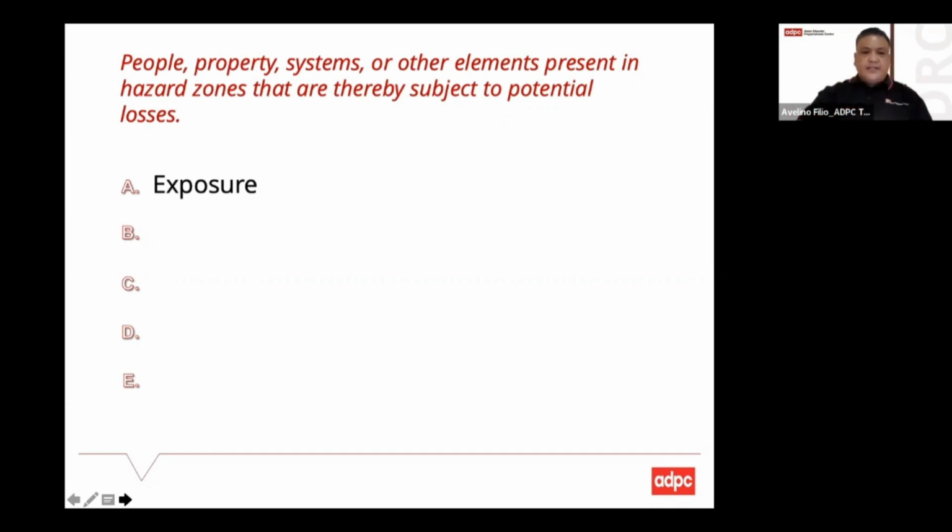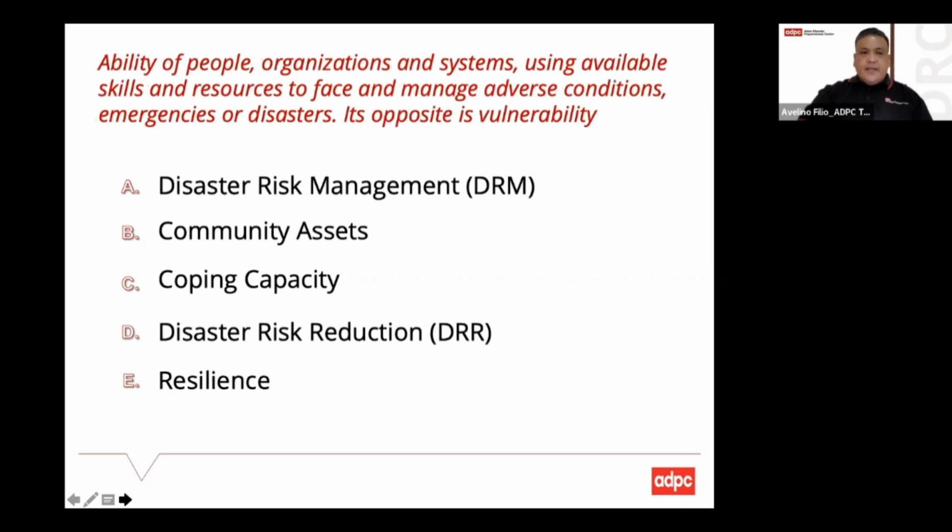so you'll have a better understanding. And then it's the ability of people, organizations, systems using available skills and resources to face and manage the adverse conditions or emergencies or disasters. It's the opposite of vulnerability. I think the key word here is the available skills and resources. So the choices are relatively new here.